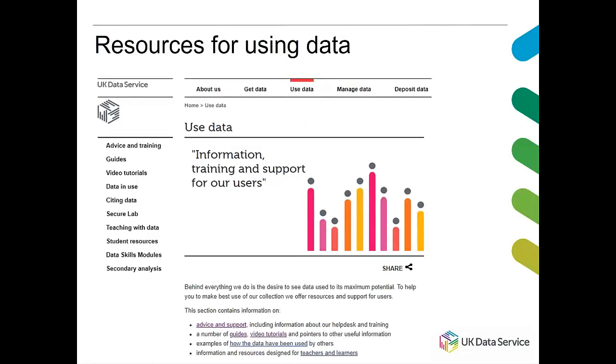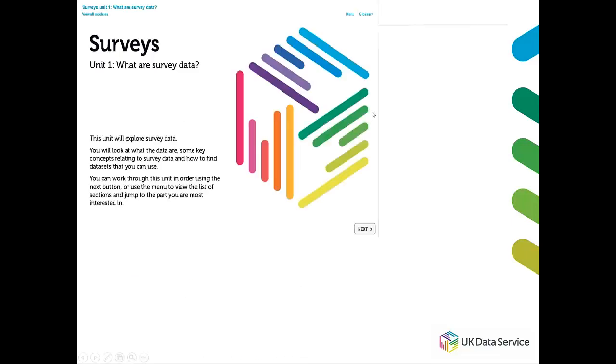Now, there are a number of resources for helping you to use data and to get the most out of it. And this is what the page looks like, and you can see the list of options here on the left-hand side. Now, one specific thing that I want to mention, again, if you're quite new to data, this can be quite useful, and this is the data skills modules. This is a set of 3 modules. The first one is on data in general, and it focuses on cross-sectional data.